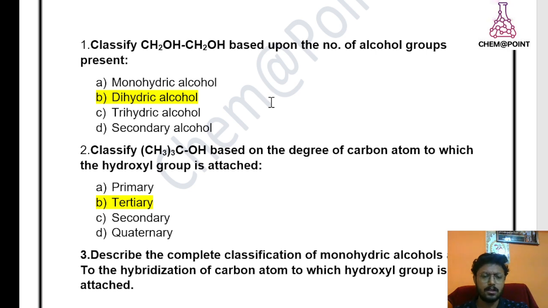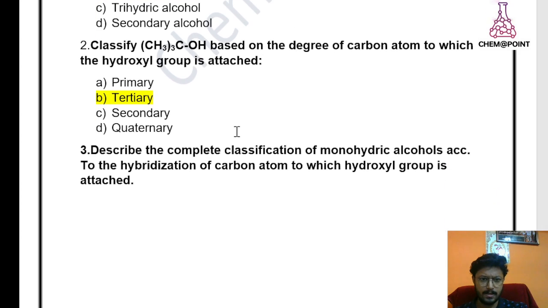Now move to question number 2. Classify (CH3)3COH based on the degree of the carbon atom to which the hydroxyl group is attached. First of all, dear students, it will be split: (CH3)3 means three methyl groups attached to one carbon atom. That is the first point.